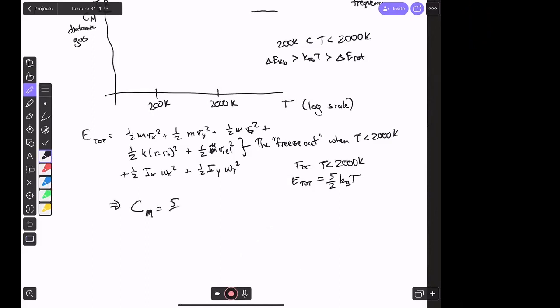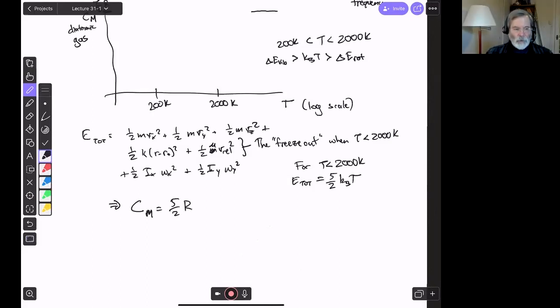Right. So basically what Sydney did was take a little shortcut and realize that to calculate the molar heat capacity, you just count up the number of terms that have not been frozen out and multiply that times R over 2. So it's 5/2 R. Or if we wanted to write it out in a little bit more detail, the heat capacity of one molecule is the derivative of the energy of one molecule with respect to temperature.